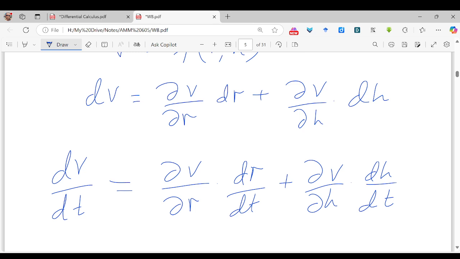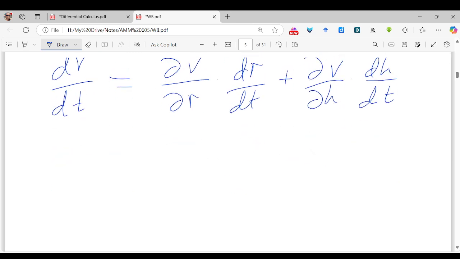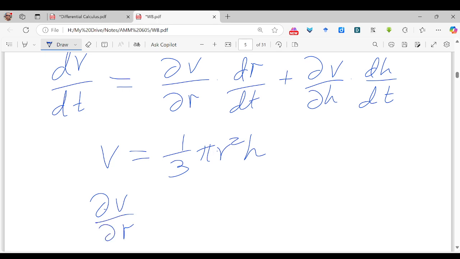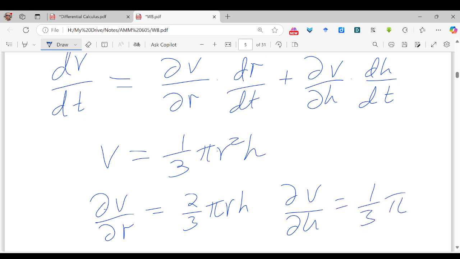Now we know the values of dr/dt and dh/dt. We also know the volume of a cone is given by 1/3 pi r squared times h, meaning that we can differentiate V partially with respect to r to get 2/3 pi rh, and we can also differentiate V with respect to h to get 1/3 pi r squared.